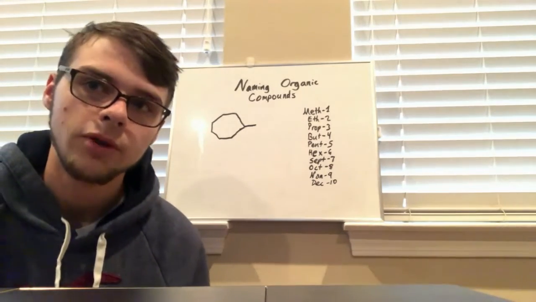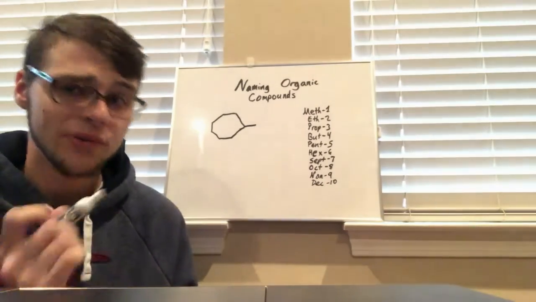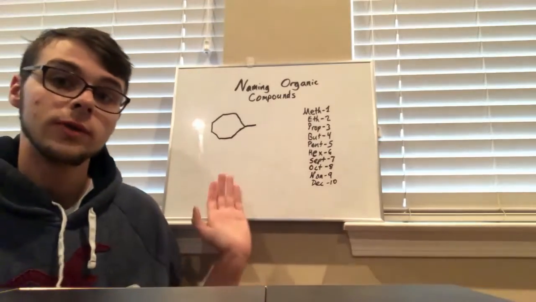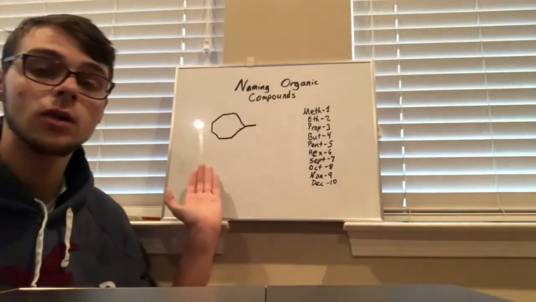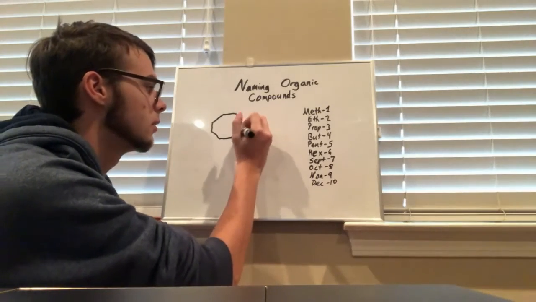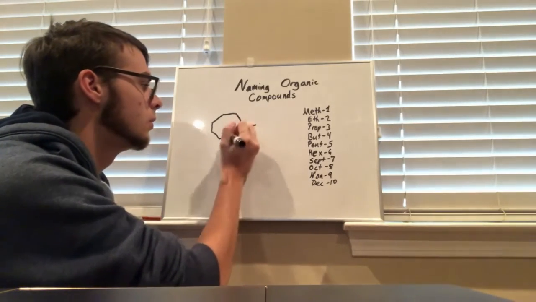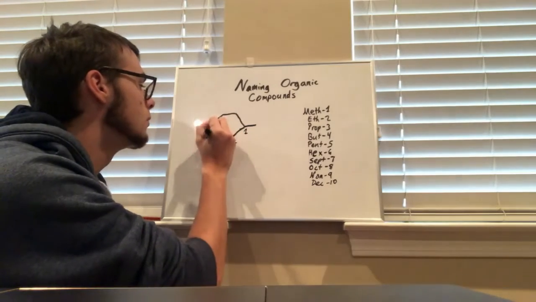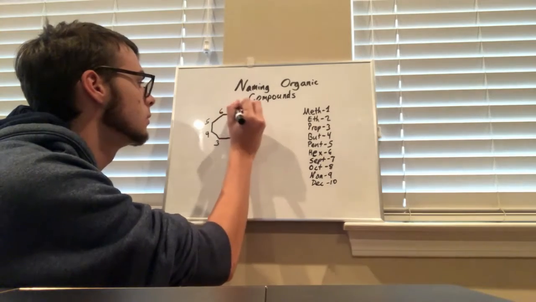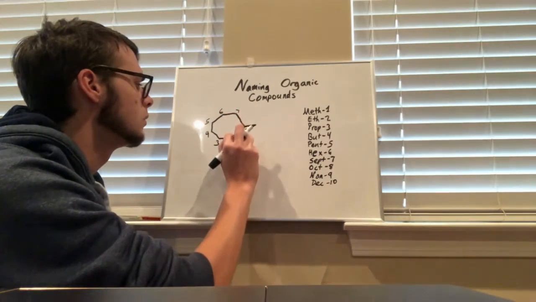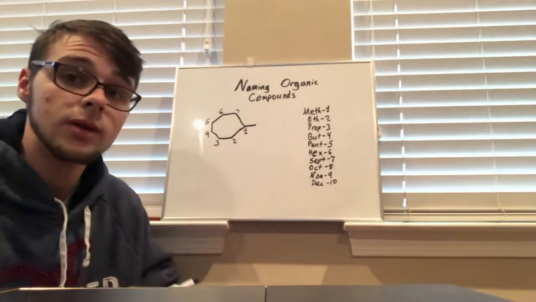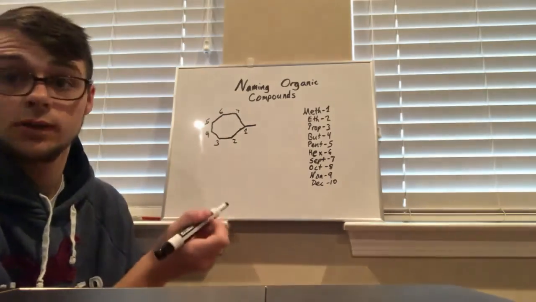Cyclic molecules are no different than any other hydrocarbon chain in naming it. The only thing we change is we add the word cyclo in front of our prefixes over here. So for example, for this one, following the other rules that I had already previously given, we number our compound 1, 2, 3, 4, 5, 6, 7. But the only difference here is that we can go either direction because of this methyl group.